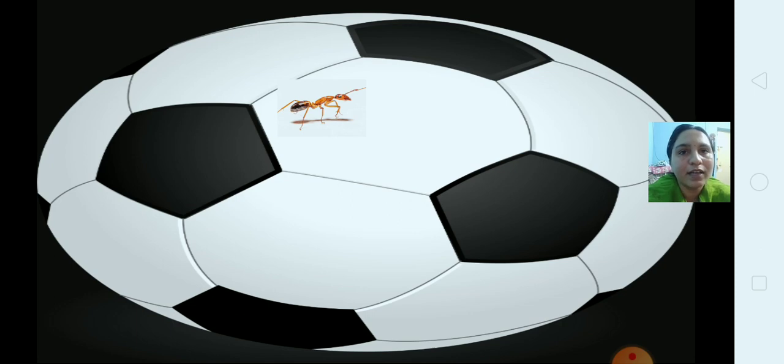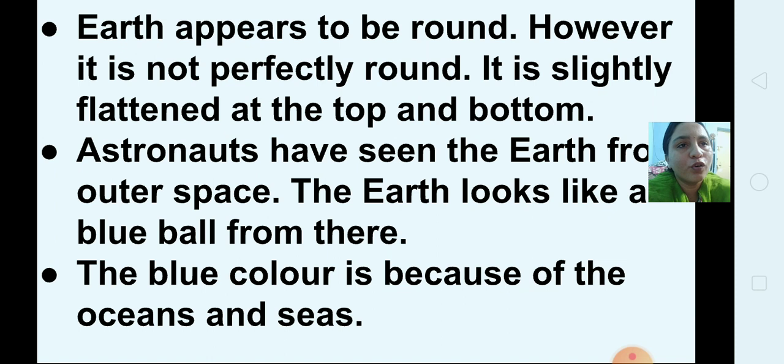That's why we can see only a small area of the earth, which looks flat to us. This is why we see everything around us flat. But if we move out into space, we can see the whole ball, which is actually round.